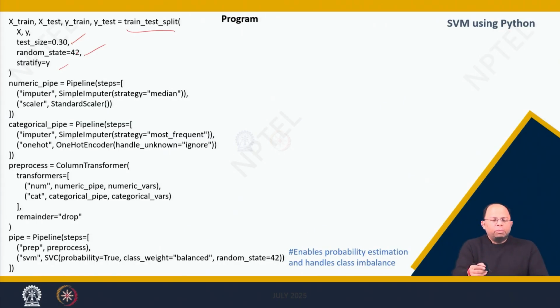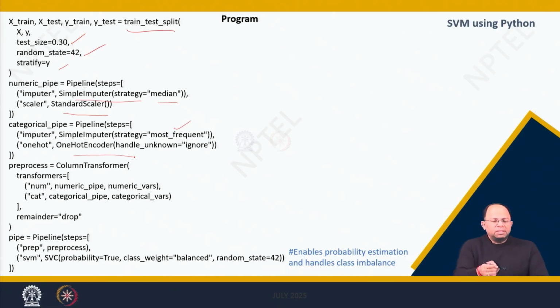And then we formulate our pipelines. The first pipeline is, for numeric variables, we impute the median to fill up those particular cells, and then we introduce standard scaler to scale it. Whereas for categorical variables, we impute by the most frequent, and then we also use one-hot encoder to encode it.